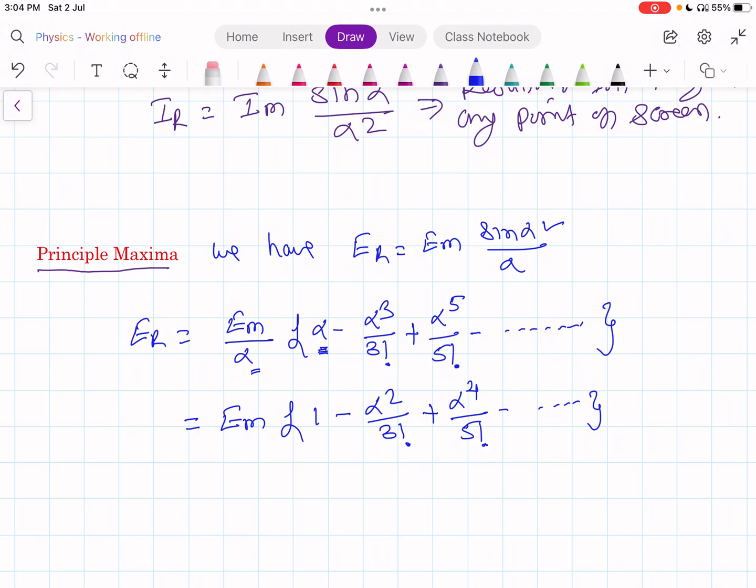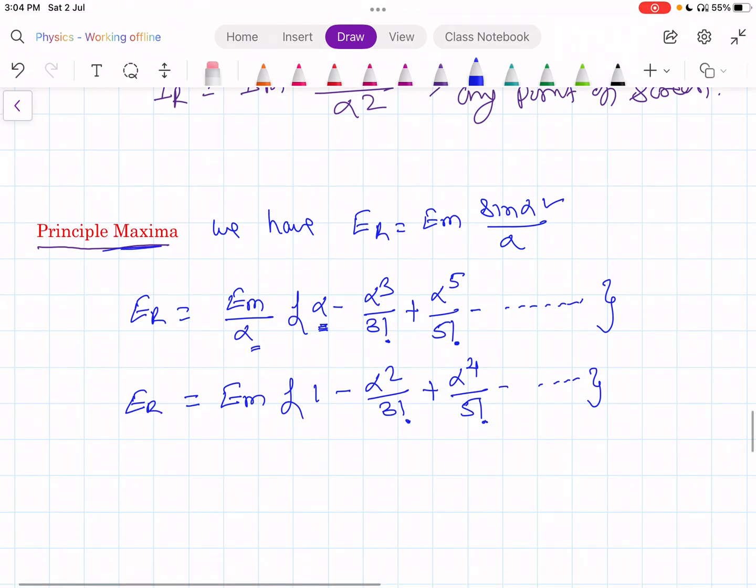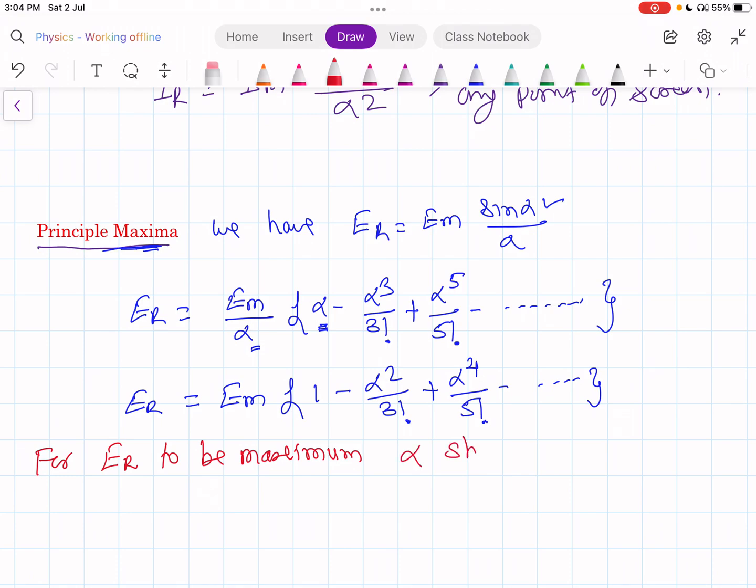We want maximum electric field. So here this Er should be maximum for the principal maxima or the central maxima, and for this Er to be maximum, alpha should be 0.